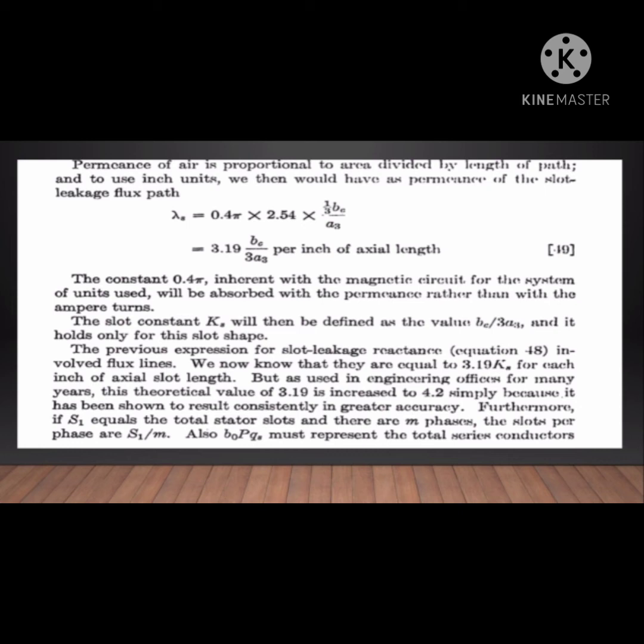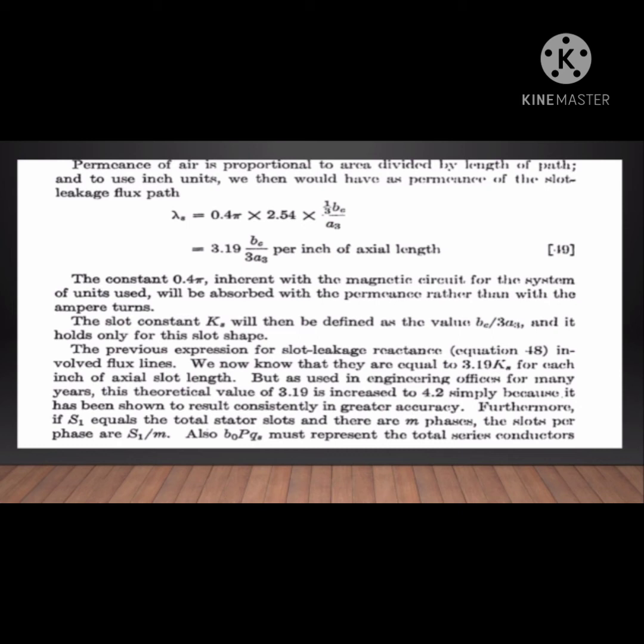So, the constant 0.4 pi inherent with the magnetic circuit from the system of units used will be absorbed with the permeance rather than with the ampere turns. The slot constant Ks will then be defined as the value of BC all over 3 times A, and it holds only for this last shape.